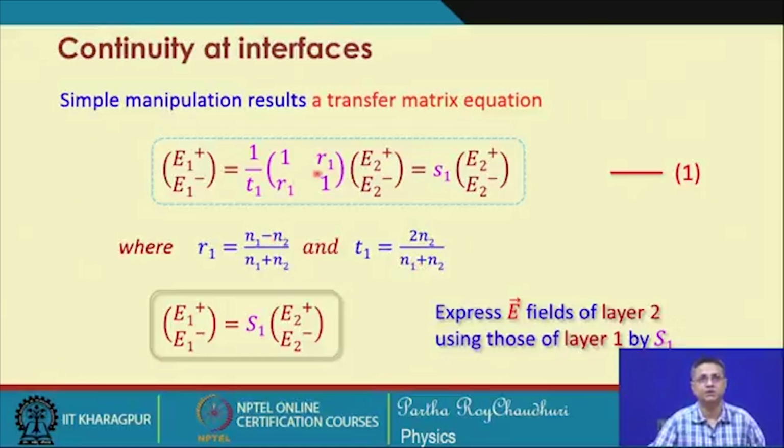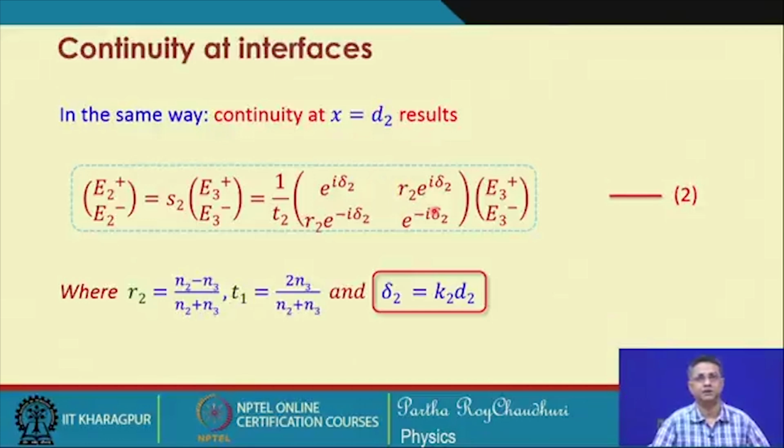So, in terms of this I can write S1 equal to this equation, and this tells you that electric fields of layer 1 and layer 2 can be related by a matrix S1, and this process can be continued for other layers as well.